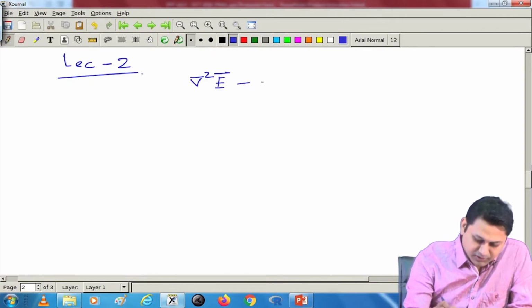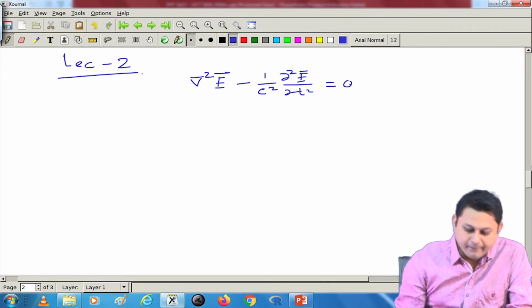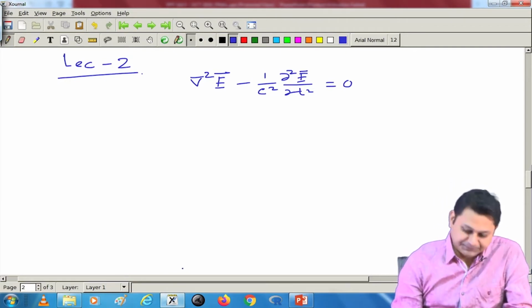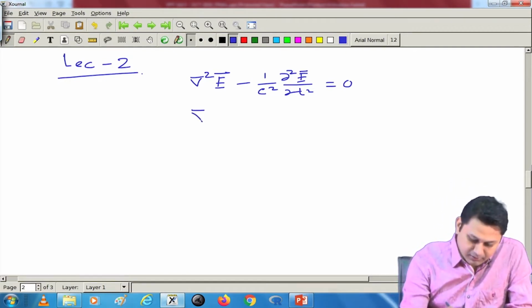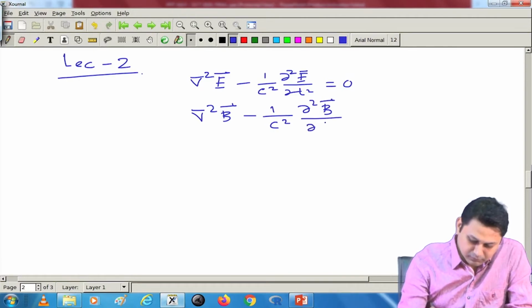That was the first equation we have: the wave equation for electric field, and also the wave equation for magnetic field. These two equations we have.